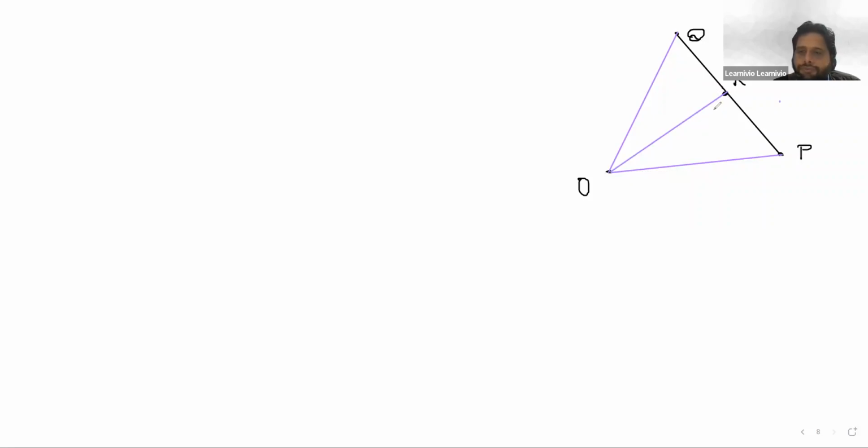From the previous formulas, can we say that OR is equal to OP plus OQ by 2? Can we say this?